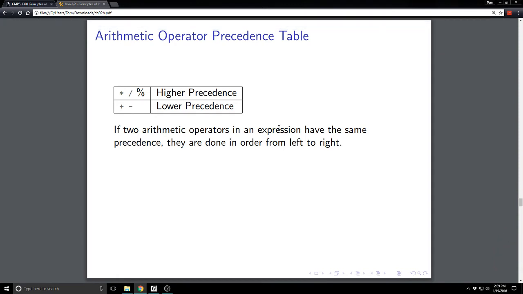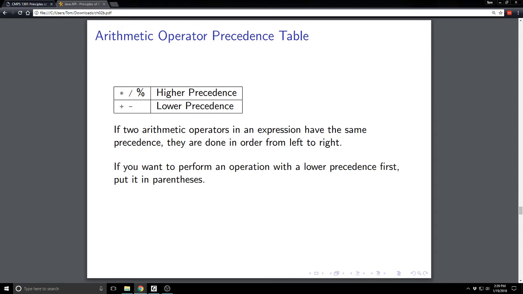If two operators in an expression are on the same level, they get done in order from left to right. Just like in algebra class, if you want some operations at a lower level to go first, you can change that by putting parentheses around that operation, and that will be performed before the higher precedence ones.